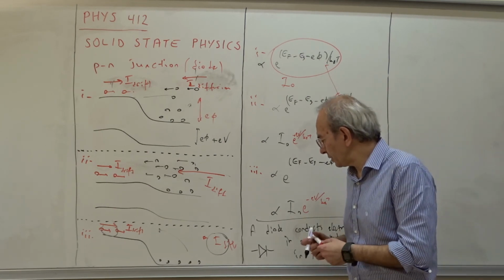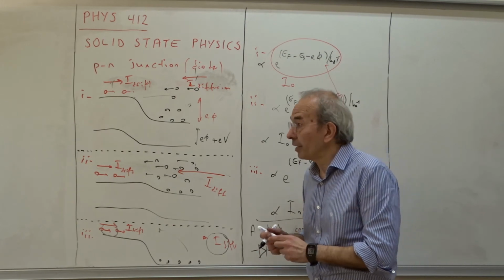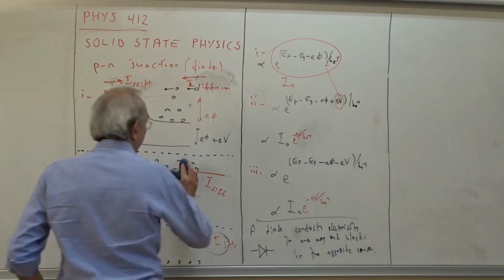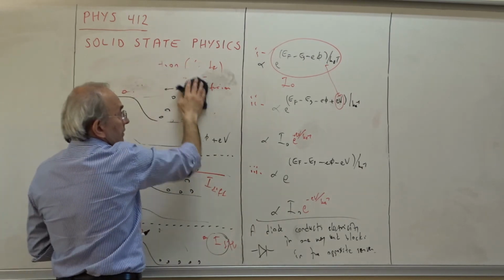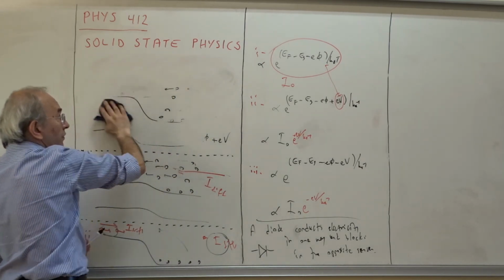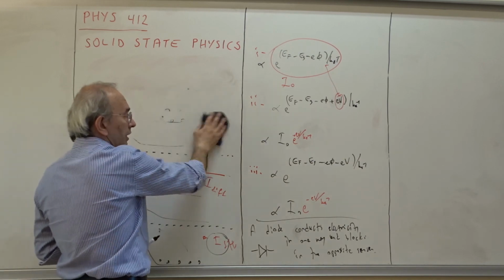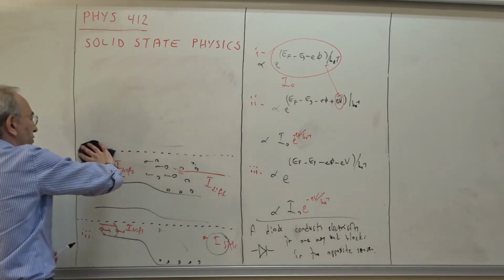So in a schematic way, we can consider that one end should be at a sufficiently higher potential to conduct electricity than the other end.